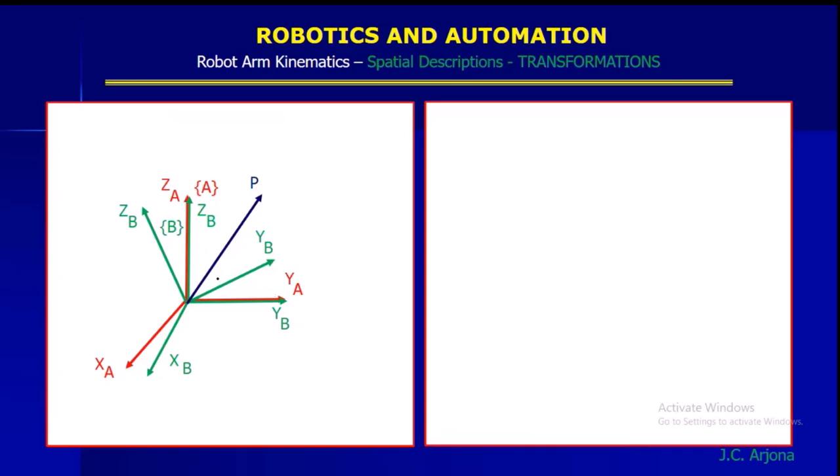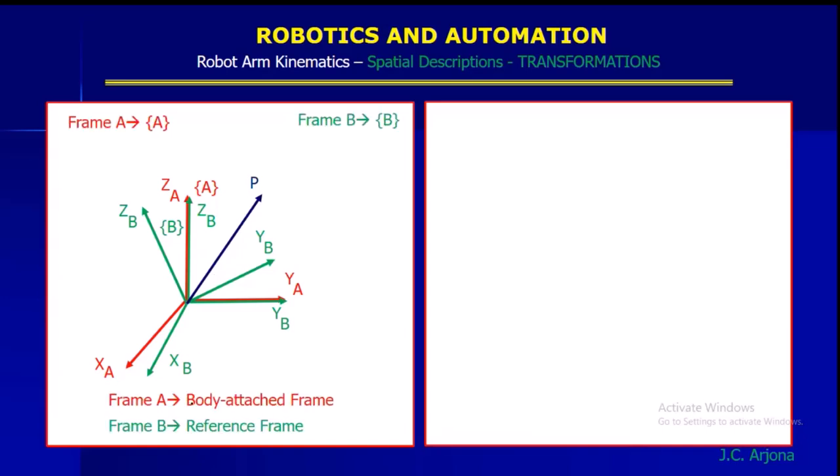What will be the equation formulated? So this is frame B, and this is frame A.